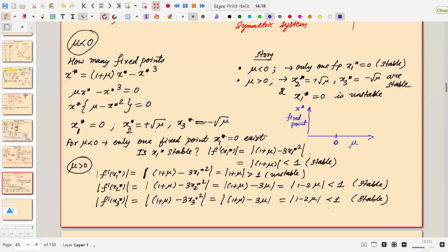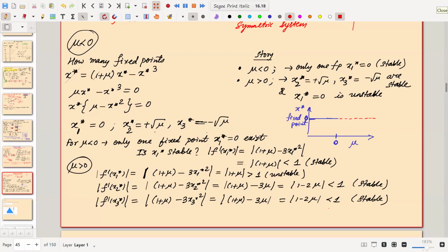For mu less than 0, you are seeing the 0 fixed point, which is stable, right? Now what happened to that fixed point when mu greater than 0? Unstable. So I will put red dotted lines. Is it okay with everyone?